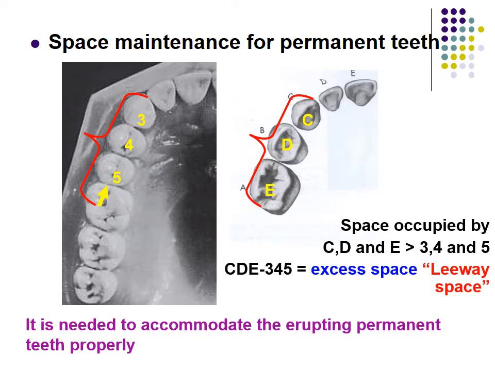So there's an additional space that is created after the exfoliation of the C, D, E, called the leeway space, and this additional space is needed to accommodate the erupting permanent teeth into the arch properly.